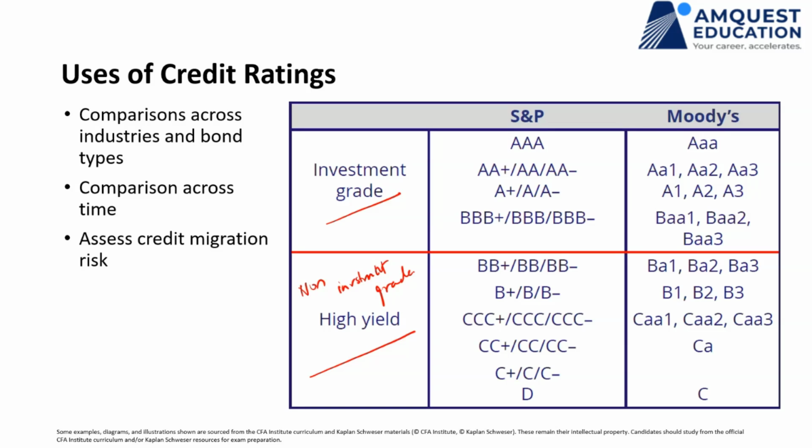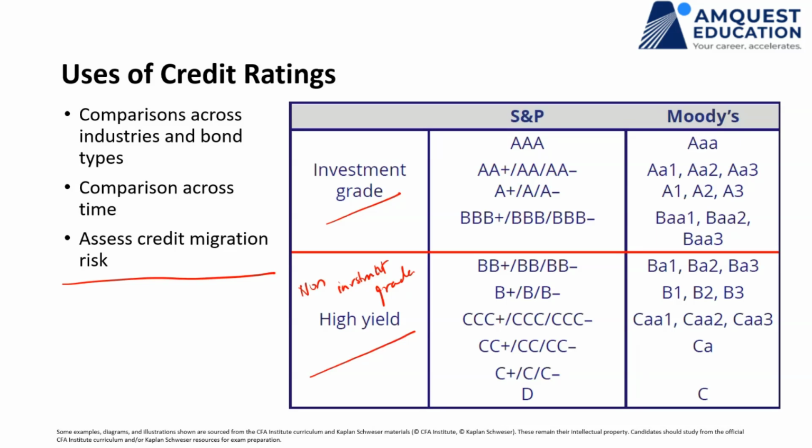The use of credit ratings obviously is more from a lending perspective. Before you lend money as a lender, you would like to understand what is the credit rating that will help you decide the spread. How much additional spread do you want to charge on the interest rate? This, in a way, helps you assess your credit migration risk also. Do you want to assess the risk and accordingly migrate or mitigate the risk?